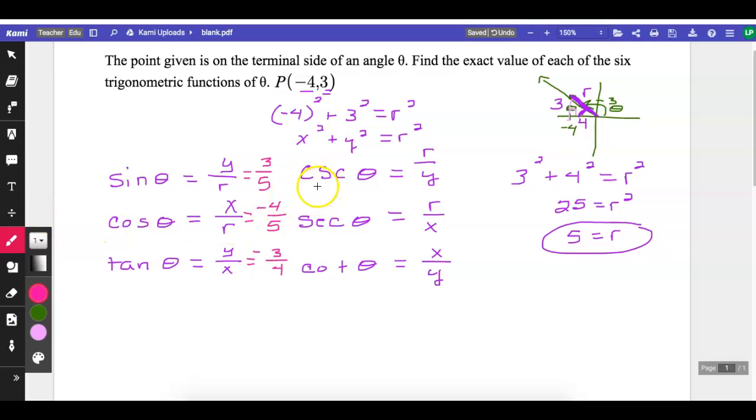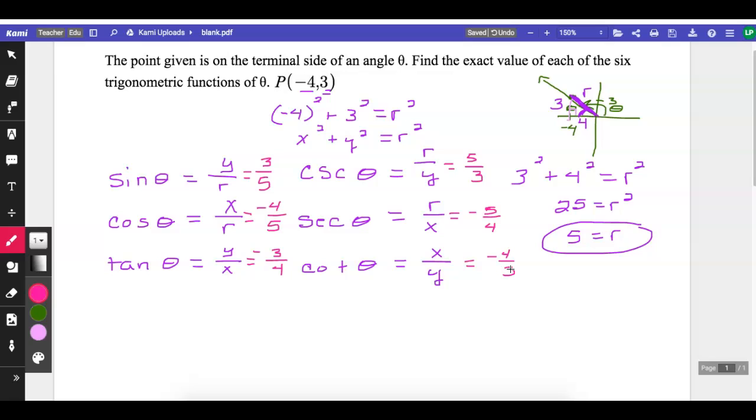The cosecant is the reciprocal of the sine, or r over y, so it's 5 over 3. The secant, the reciprocal of the cosine, or r over x, is -5 over 4. Again, the negative goes in front or in the numerator; we don't leave it in the denominator. And then the cotangent is x over y, or the reciprocal of the tangent, so it's -4 over 3.